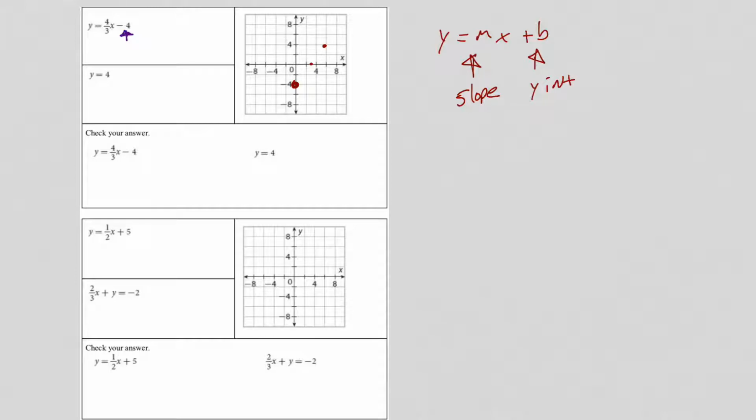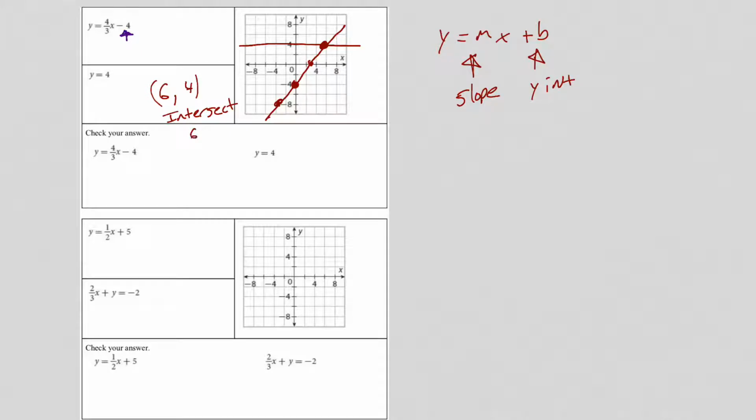Down 4 over 3, and so here you get the idea. Here is this line. This other line, y equals 4, is simply that line right there. So these two intersect at the point 6, 4.